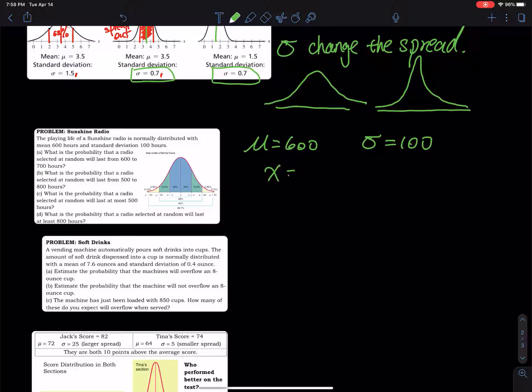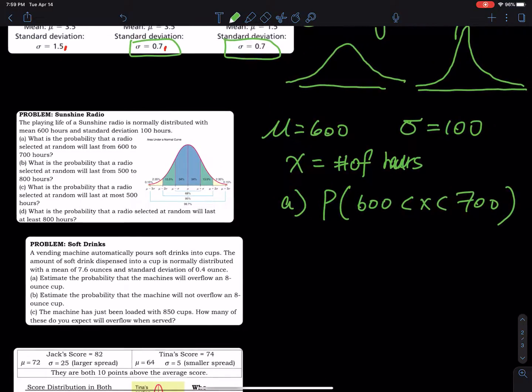So we let x stand for a continuous random variable. x is the number of hours. And then in part A, probability, so 600, x, and then 700. How do we do that? Do we use the base times high? The answer is no, you don't do the base times high.